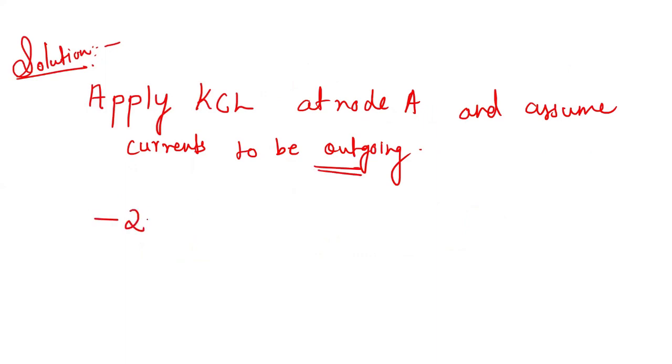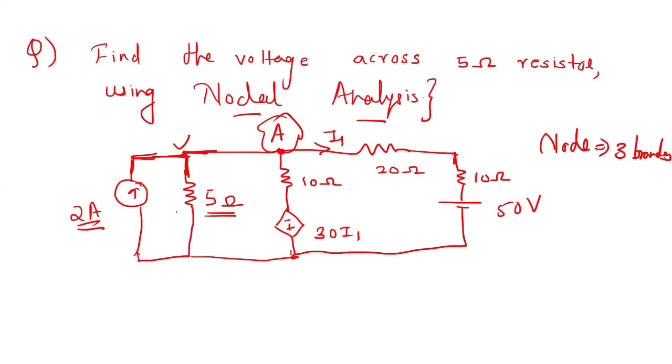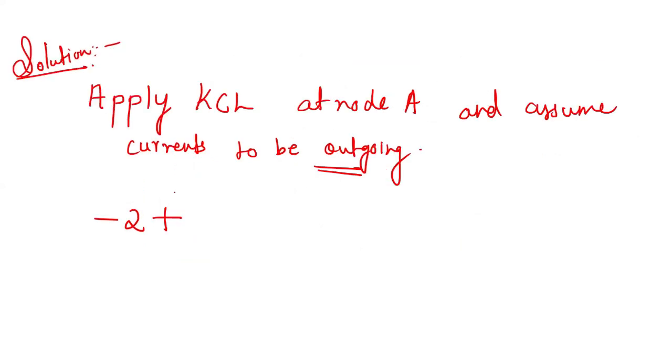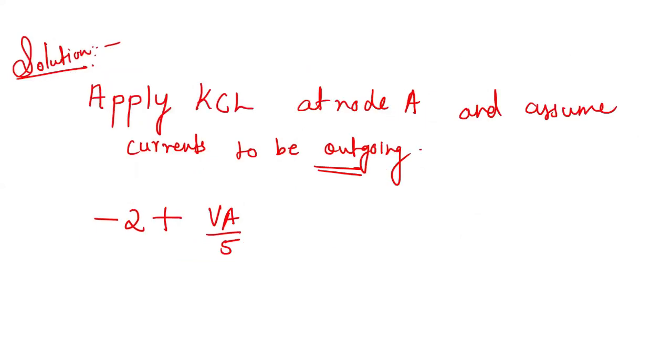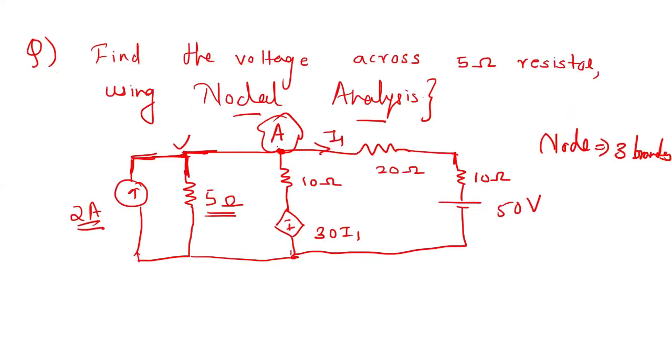Hence I'm considering -2 plus the current flowing through the 5 ohm resistor, which is VA upon 5, since the voltage across this resistor upon 5 is the current, plus VA plus 30 I1 upon 10, because this is also a voltage, a dependent voltage source, upon 10.